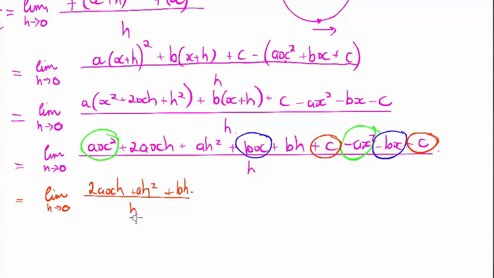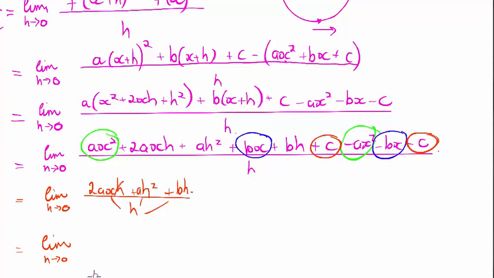Now remember, when I have a fraction, and in my fraction my numerator has more than one term, but my denominator only has one term, then I distribute. The distributive law of division. So every term must be divided by h, and then I will have this term.